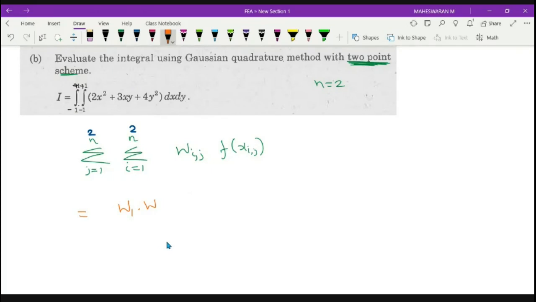So wj we haven't done. Next, f of x1, j. Plus now 1 is finished, next we go to 2. With 2, w2 into wj, f of x2 comma j.